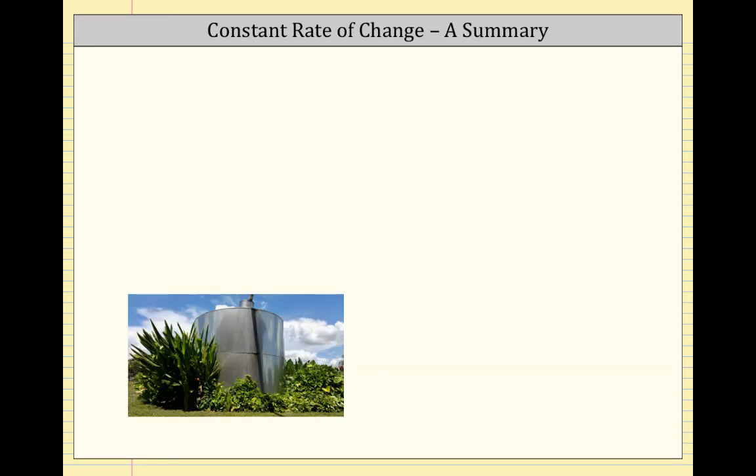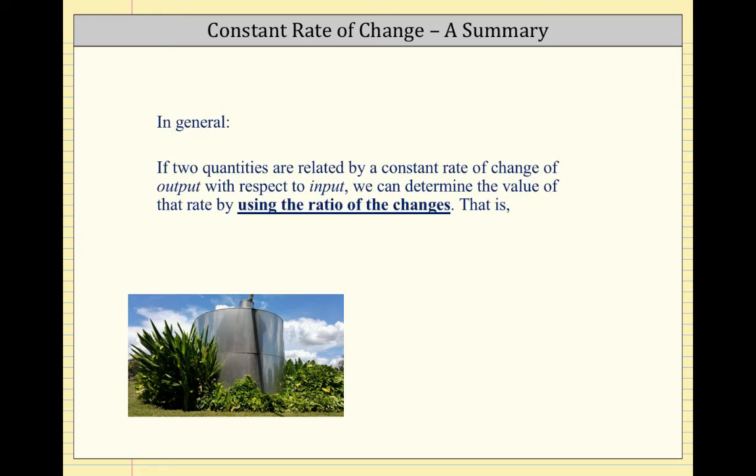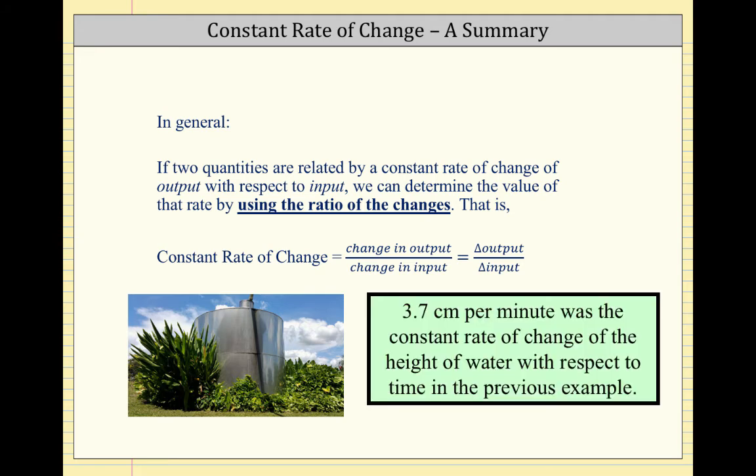So let's summarize this constant rate of change. In general, if two quantities are related by a constant rate of change of output with respect to input, we can determine the value of that rate by using the ratio of the change. That is, the constant rate of change is the change in output over the change in input.